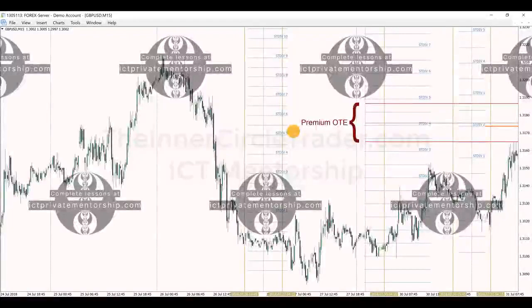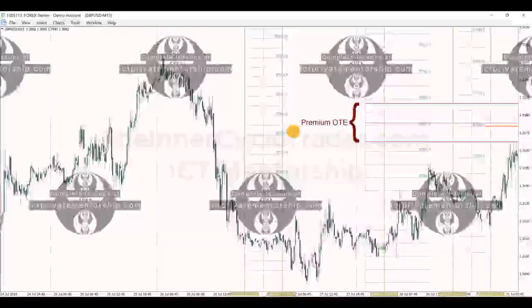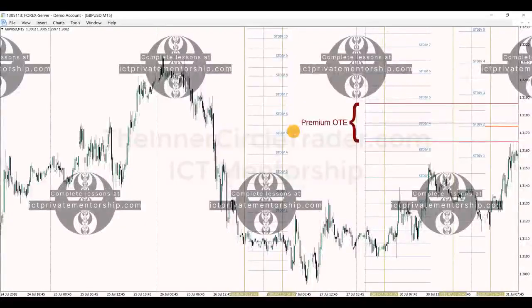I'm not trying to create copycats of ICT. You're going to find ways where you feel comfortable annotating your charts, and if it's something that makes it easier for you to understand, the worst thing that could happen for me as a mentor is to show you what I like to do with my charts, and then you feel like it's superior to what you're doing already, and you're making progress at what you're doing.